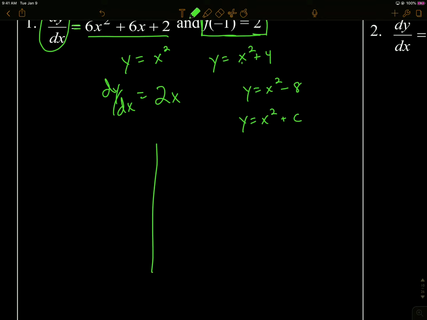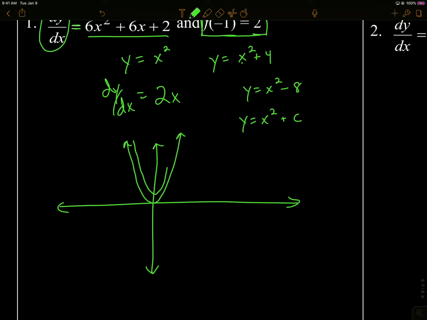So a lot of times you'll see the family of curves graphed. If x squared looks like that, then the family would just be that x squared shifted up or down.